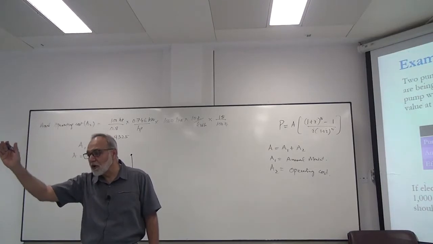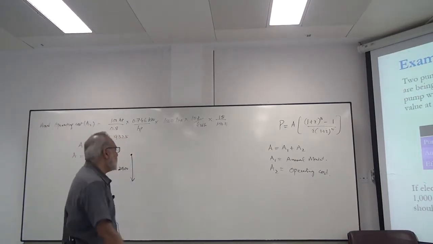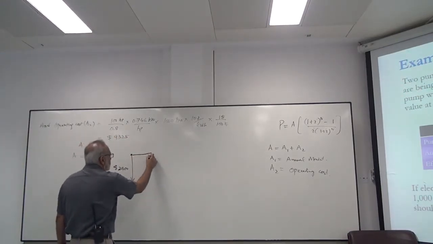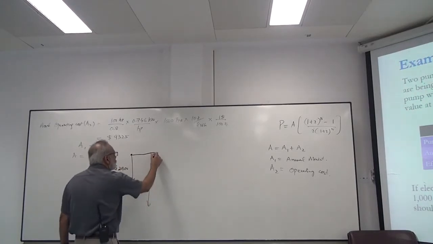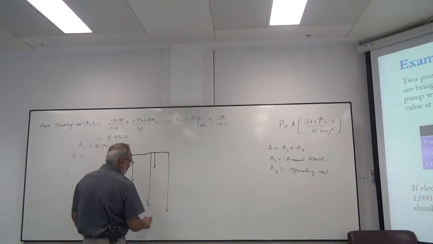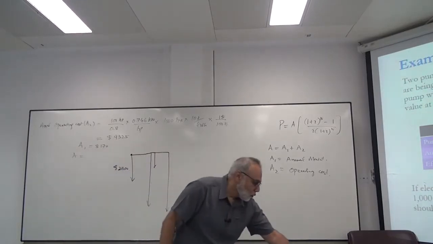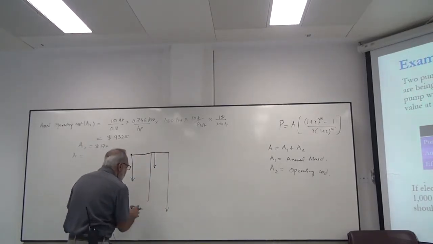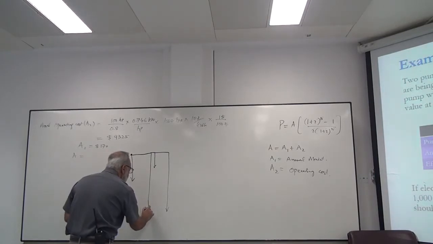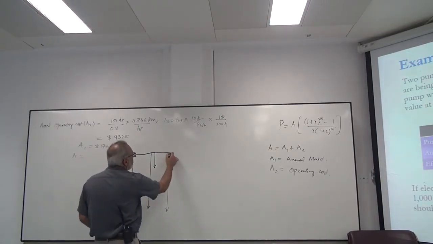Similarly, the maintenance cost occurs at the end of the year. So we have two costs here: one is operating cost and one is maintenance cost.